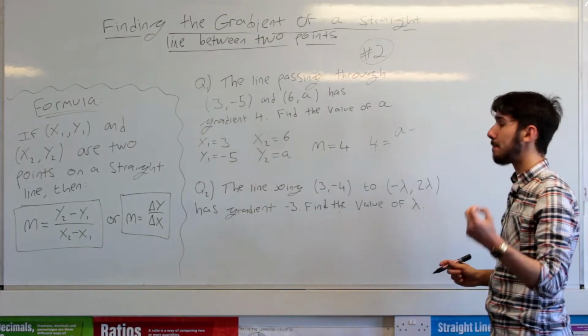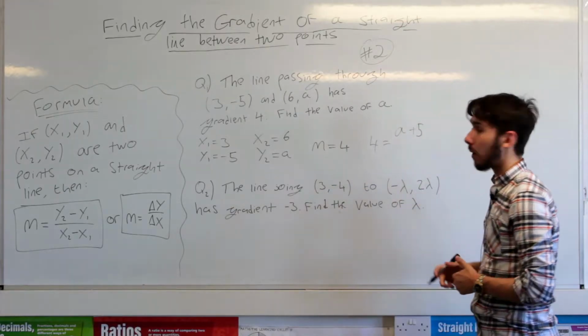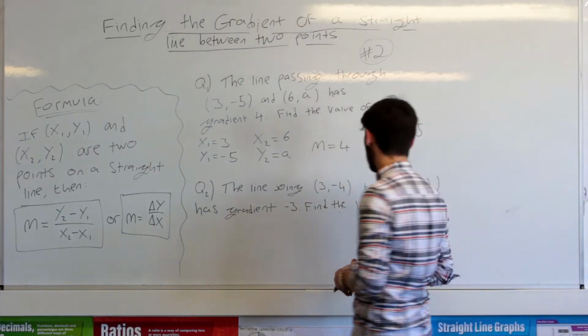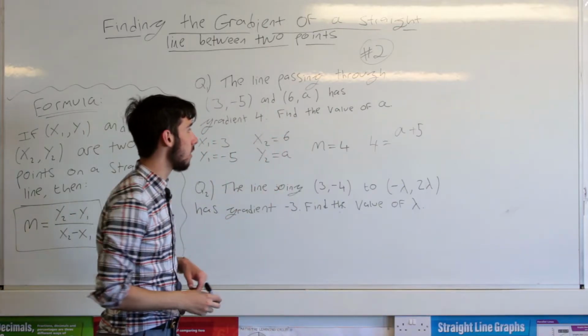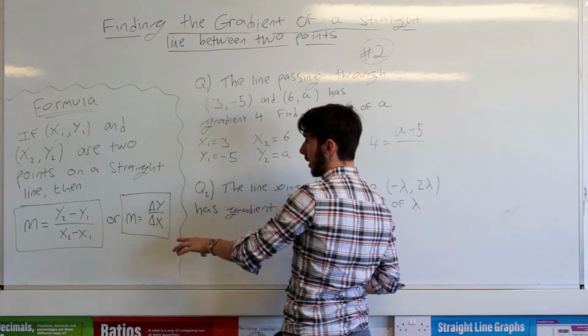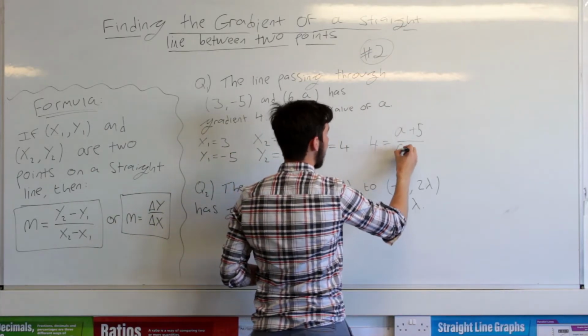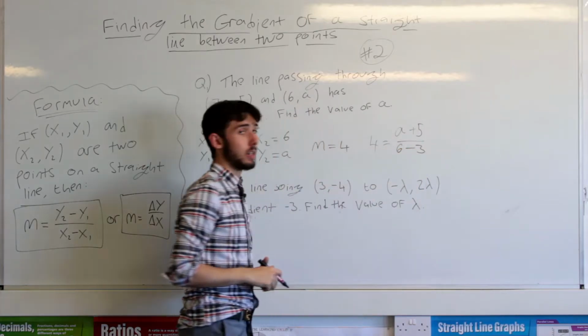So we're going to have a minus -5, which is going to be a plus 5. Hope that makes sense, because it's minus -5, so it's a plus now. And that's going to be divided by x2 minus x1. x2 is 6, x1 is 3, so it's divided by 6 minus 3.